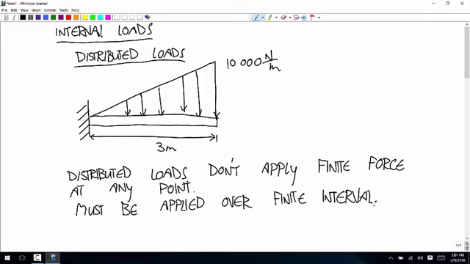Okay, so what's the point force that's applied by this distributed load at the end here?